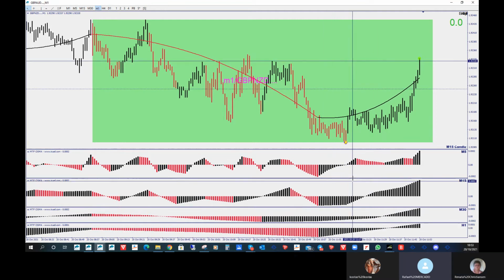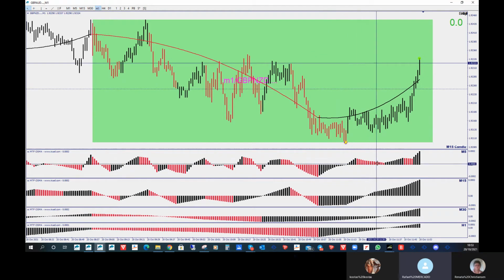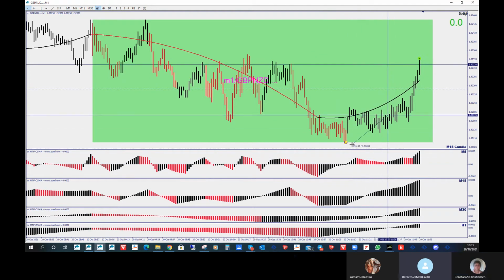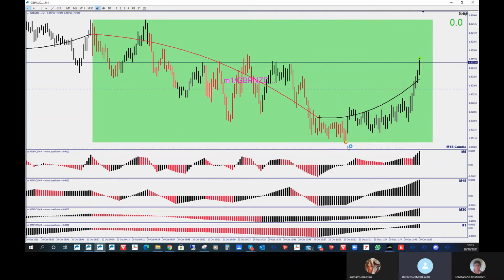So you have all the time to start looking here and timing it right, for only a 9 pip stop loss. That pound New Zealand is nothing, and you already have 15 pips, almost a 1 to 2 ratio. We missed it, but this is excellent.